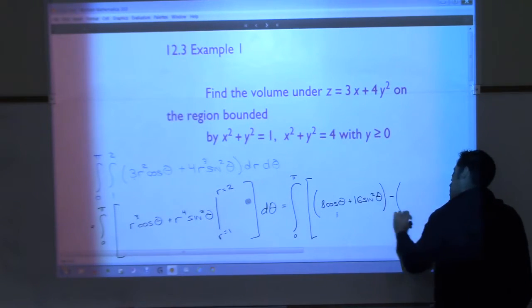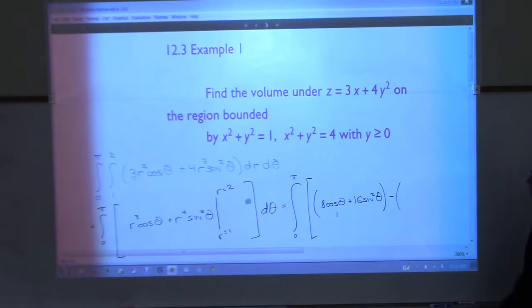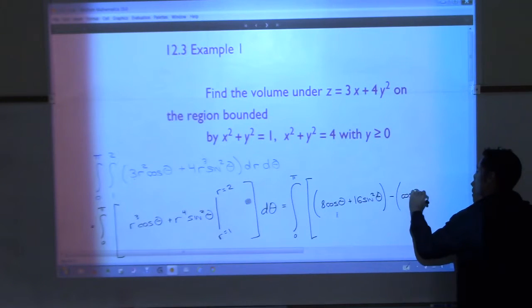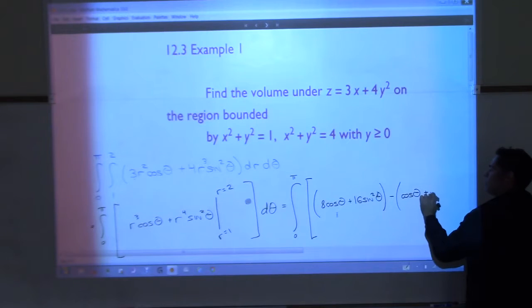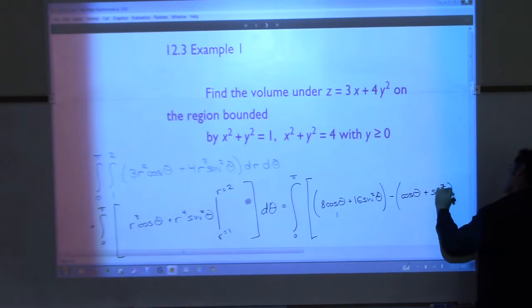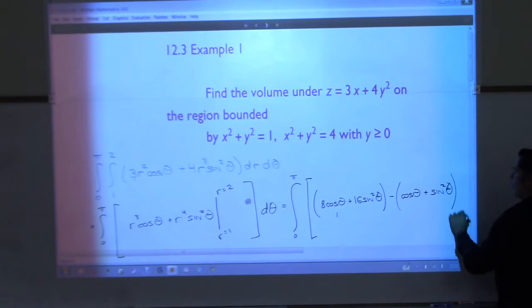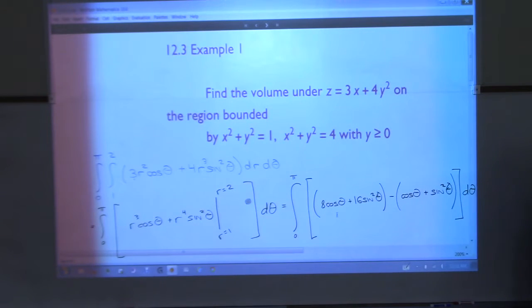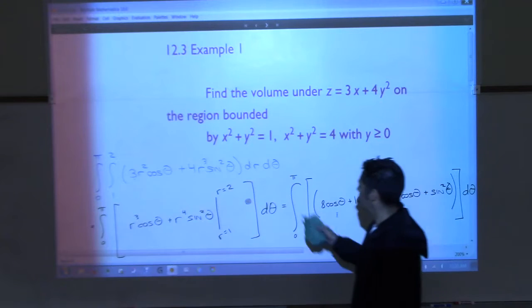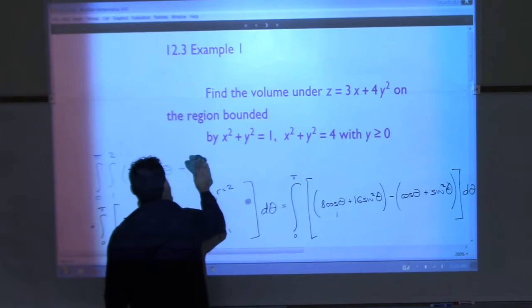And then subtract from that, plug in 1, I get cosine theta plus sine squared theta, and then close that out, d theta. Are y'all with me on that? I can combine some like terms there. I'm going to have 7 cosines, and I'm going to have 15 sine squareds.